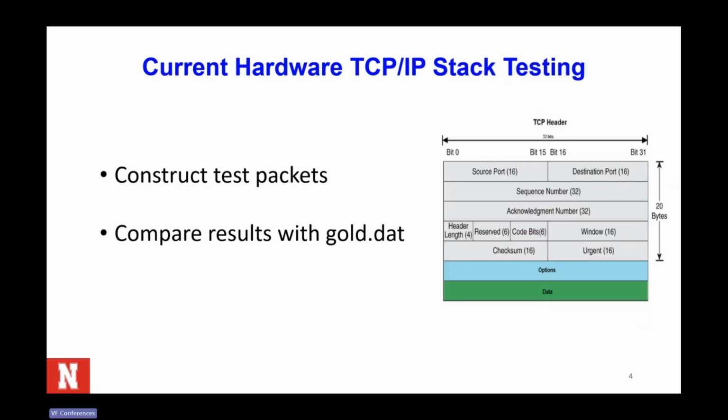But the traditional test method for the hardware TCP stack includes 3 steps. First step is to construct test packets. Next, send the test packets to the test device. And then we compare the result with the expected outcomes to identify the issue.